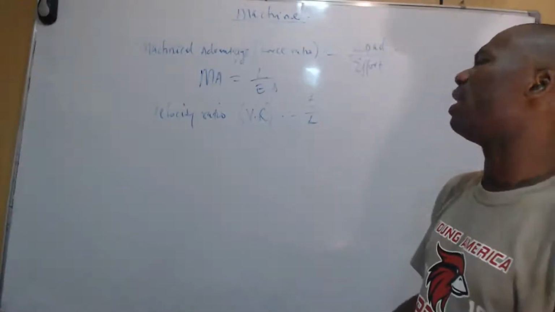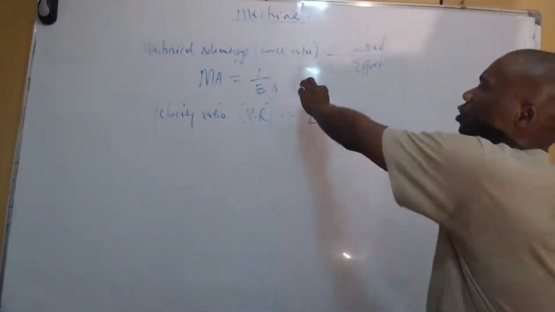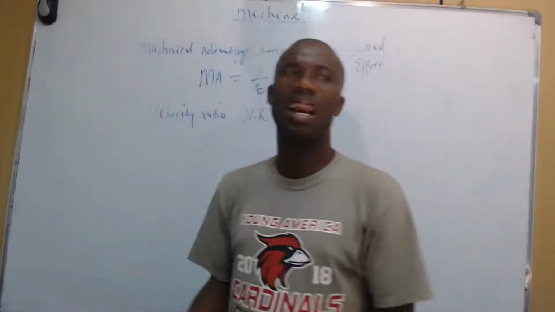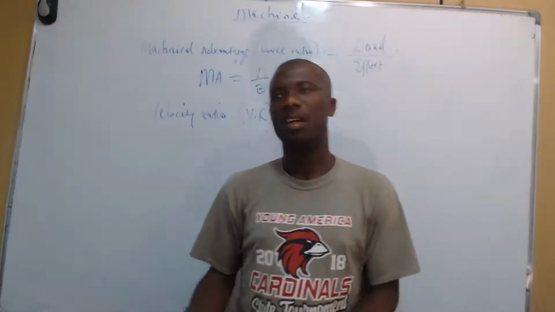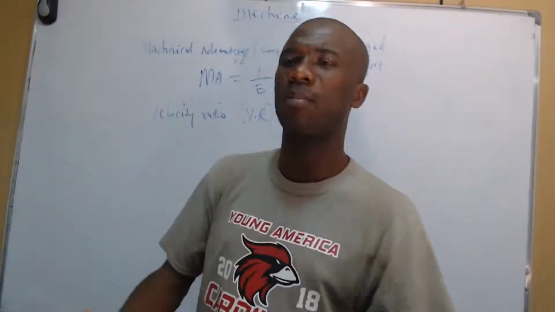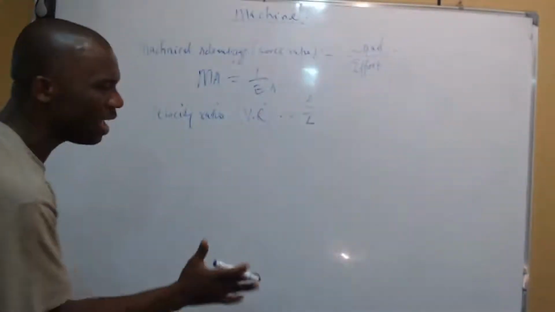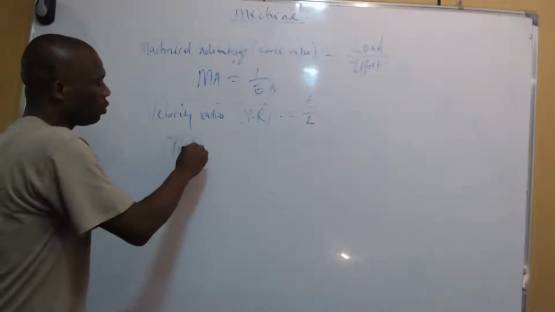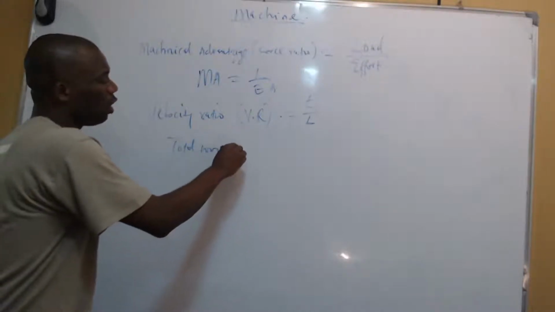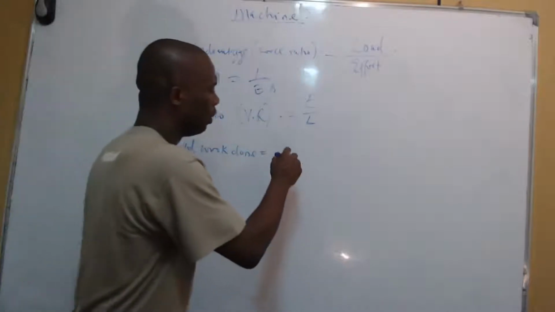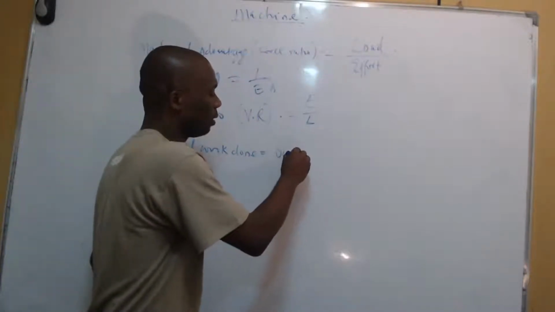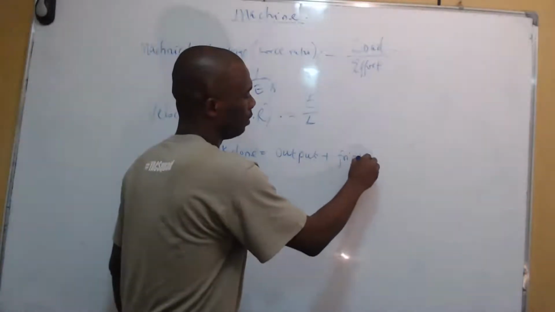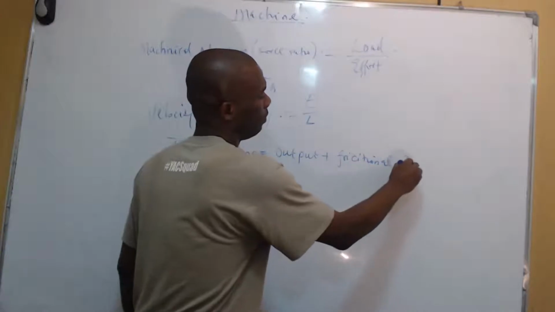And then in a machine, the efficiency is not usually equal to 1, the reason being that there are what we call frictional forces. The frictional forces in the system reduce the effort applied. Total energy supplied to the system, or total work done on a system, will be equal to the output work plus the frictional forces.